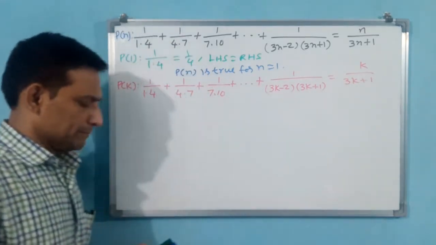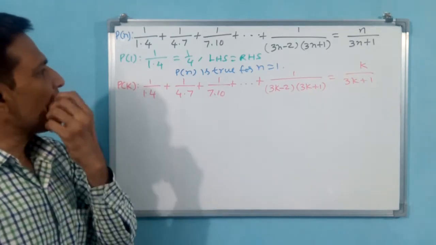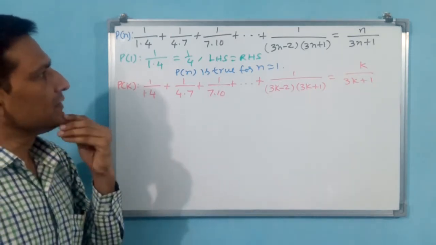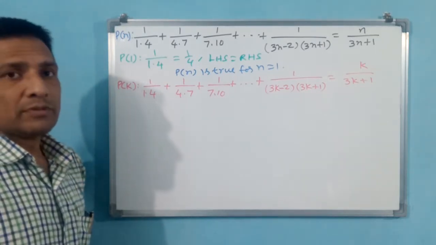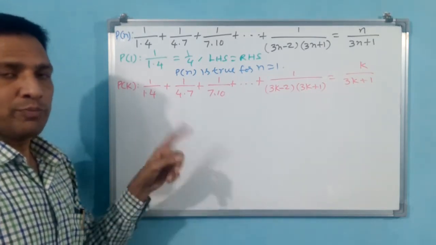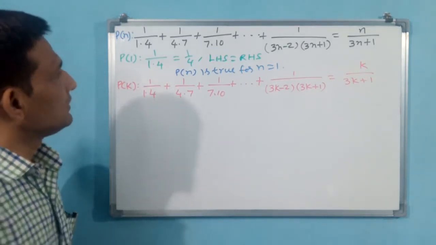Is this okay? Now what you have to do? An important step you have to write: assume P(k) is true. Yes, that you have to write. Write down: assume P(k) is true.